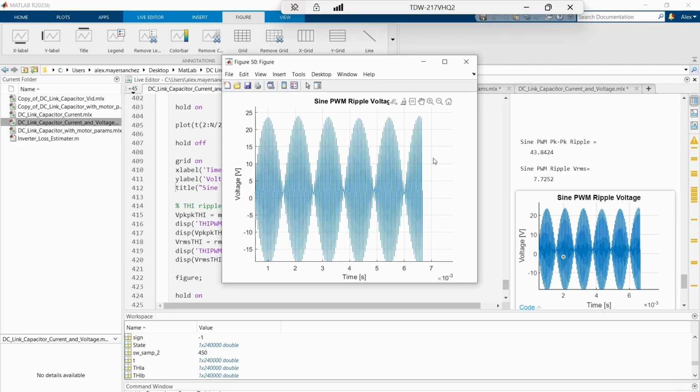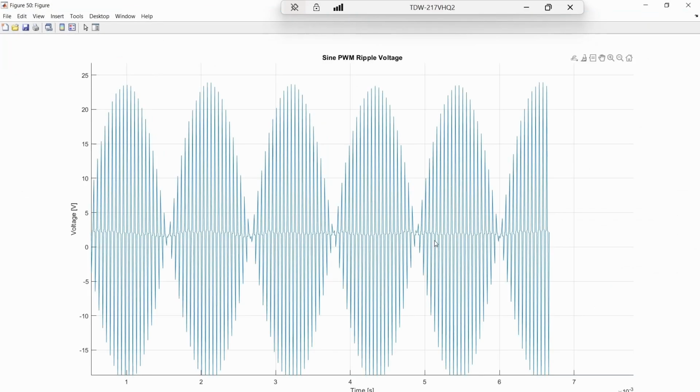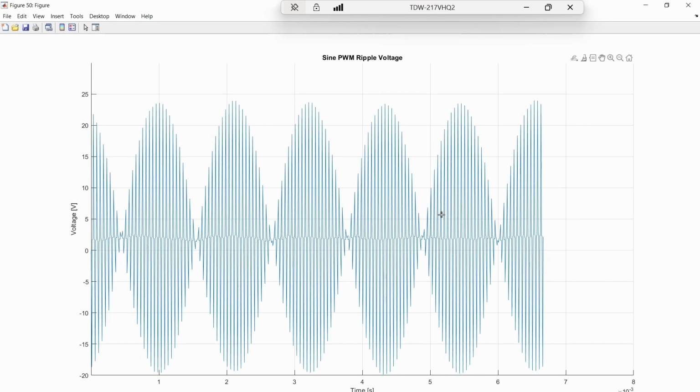I didn't plot it with the DC bus, but you can see this is basically at the same frequency as the switching frequency, with that really low frequency 6 times the fundamental envelope.